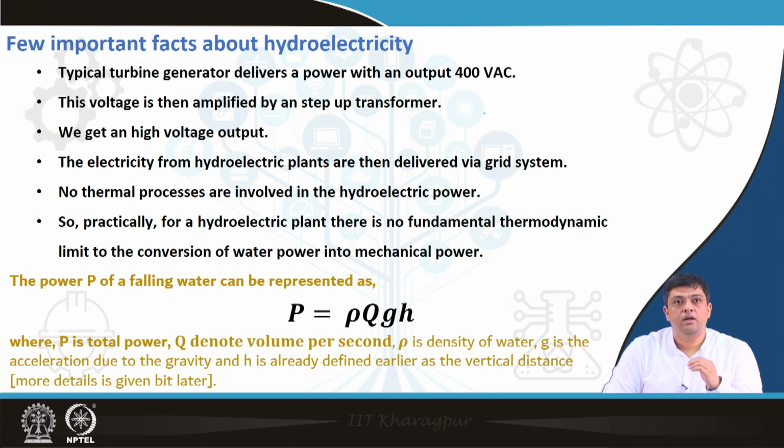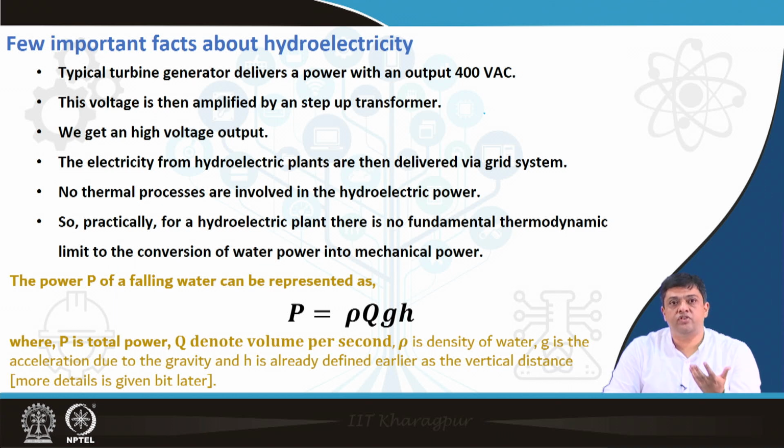So, very quick important facts about hydroelectricity. The typical turbine generators deliver power with an input of around 400 volts. The voltage is then amplified by a step up transformer and then made to travel to the power stations using high voltage lines.